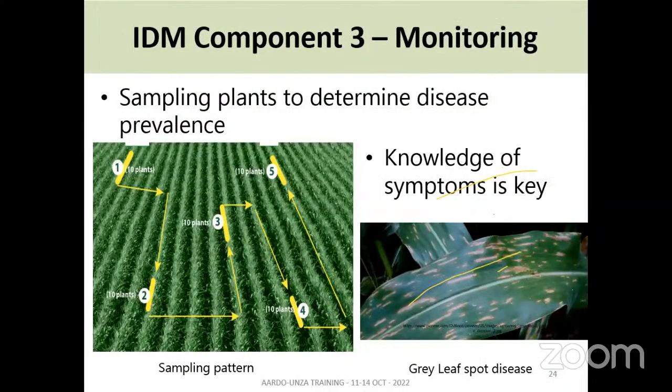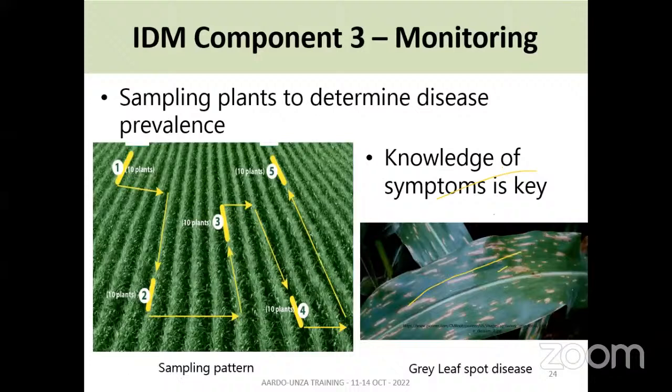Okay, now we were talking about monitoring. Once you've set up all these preventative things, you've put in your seed which you think has resistance, and therefore maybe disease will not show up, the next thing you do is keep monitoring and scouting. Thanks to the question by Sabina, we did look a little bit into the scouting, but let me mention a few things.